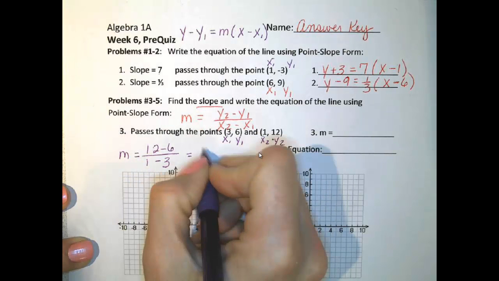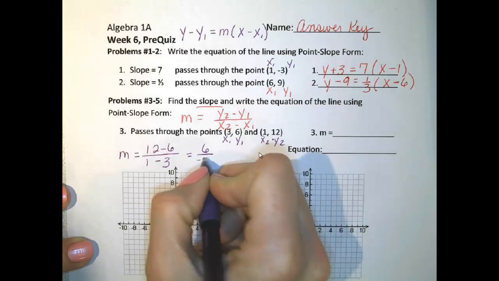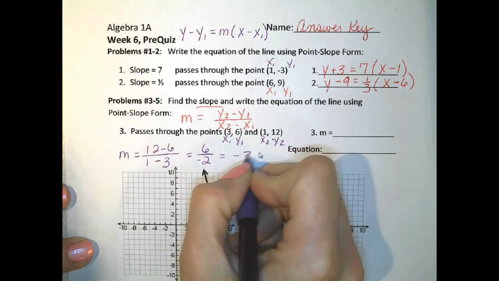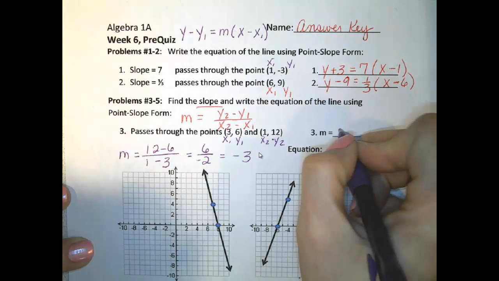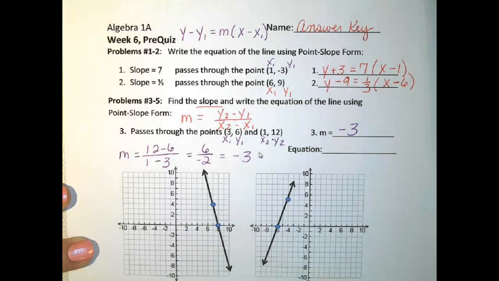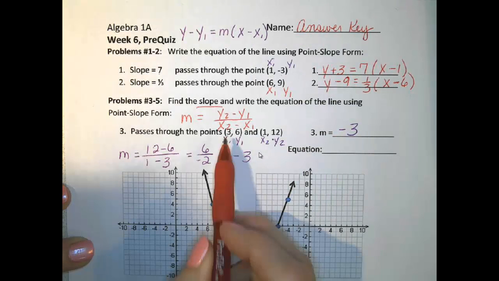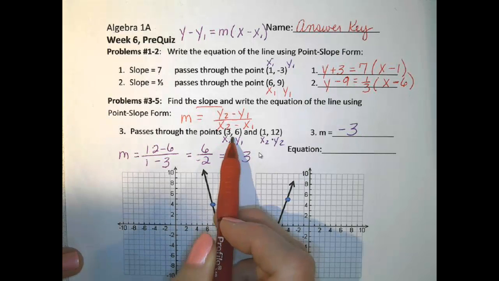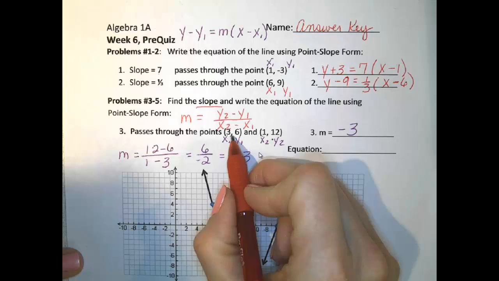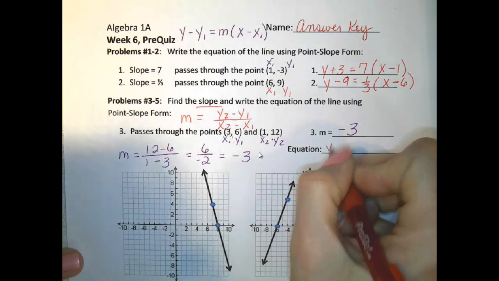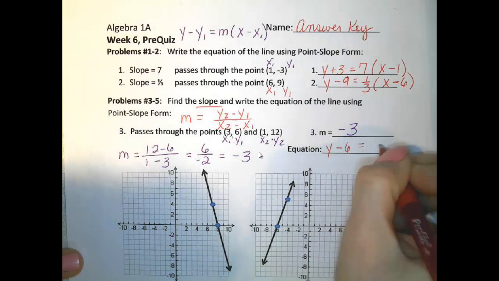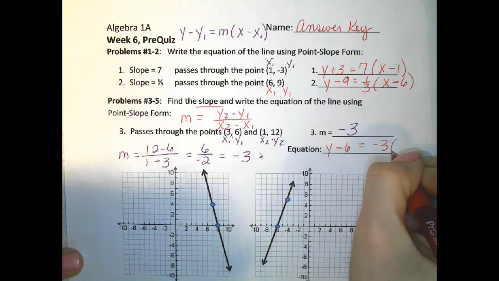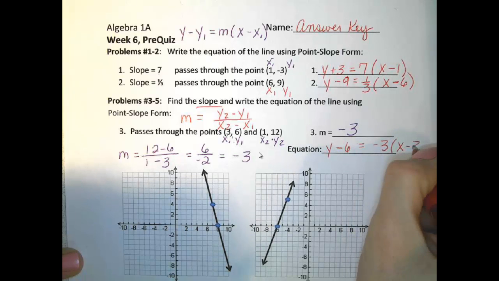This simplifies to 6 over negative 2, which is negative 3. So my slope is negative 3. I'm now going to pick one of the points. It doesn't matter which one, so I'm just going to use the first one and substitute this point and this slope to get y minus 6 equals negative 3 times x minus 3.